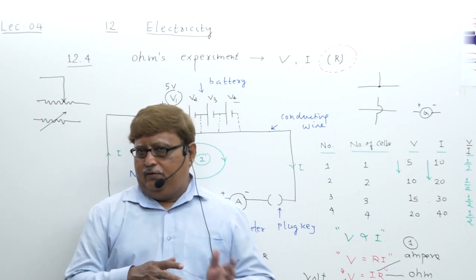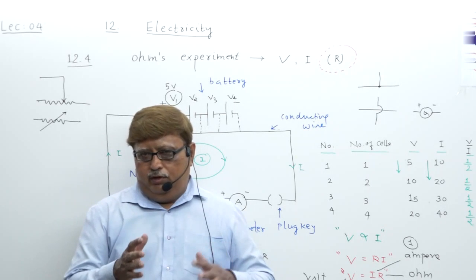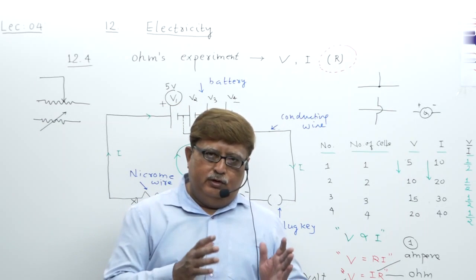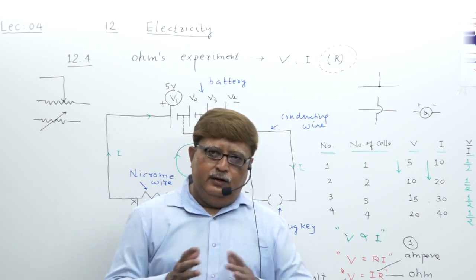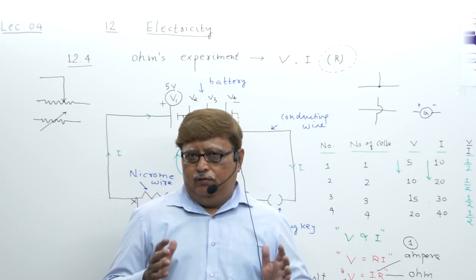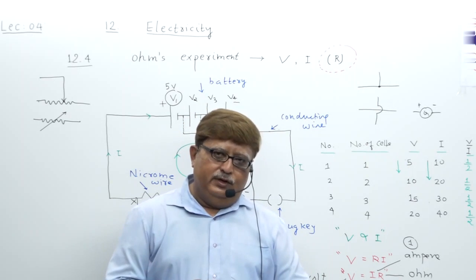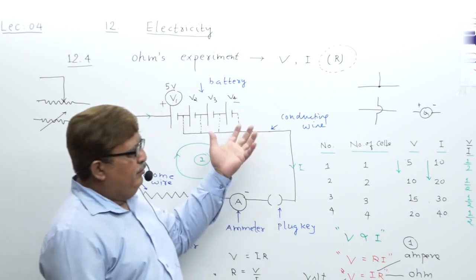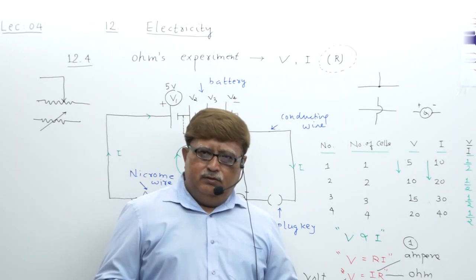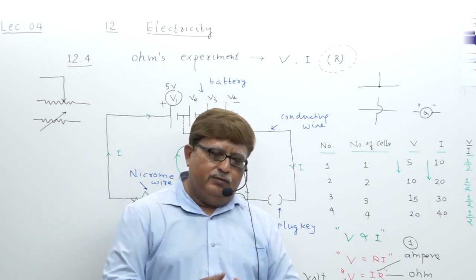And then my lecture number 4, to sum up the 3 lectures. In the first 3 lectures you understood about V, I, R. In lecture number 4, the relation of V, I and R, that is Ohm's experiment, and some of the circuit symbols I have shown. I am not going to spare a lecture just for drawing the circuit symbols. You can do it yourself also.